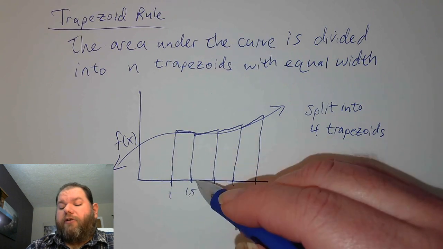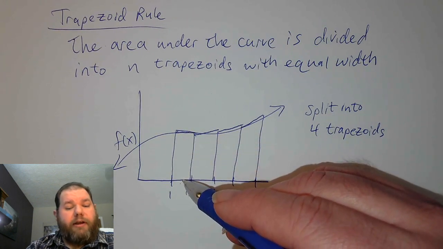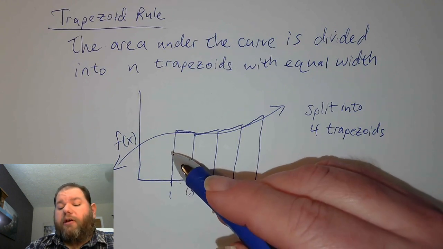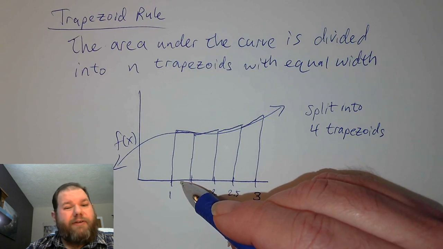So these 2 sides are parallel lines, and these 2 sides are non-parallel lines, which is what makes a trapezoid. 2 opposite sides are parallel, 2 other sides are not necessarily parallel.